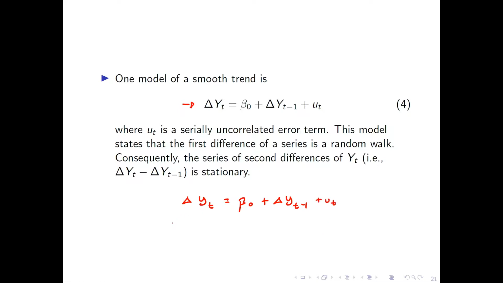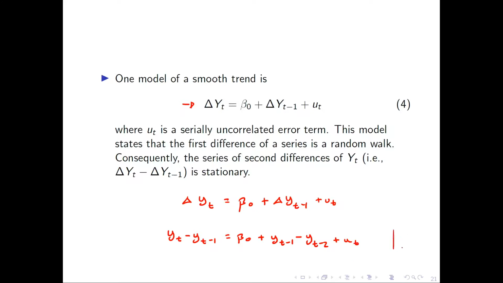And this difference is just yt minus yt minus 1, and the constant remains, and this lag difference is just yt minus 1 minus yt minus 2. And we have to add the error term.